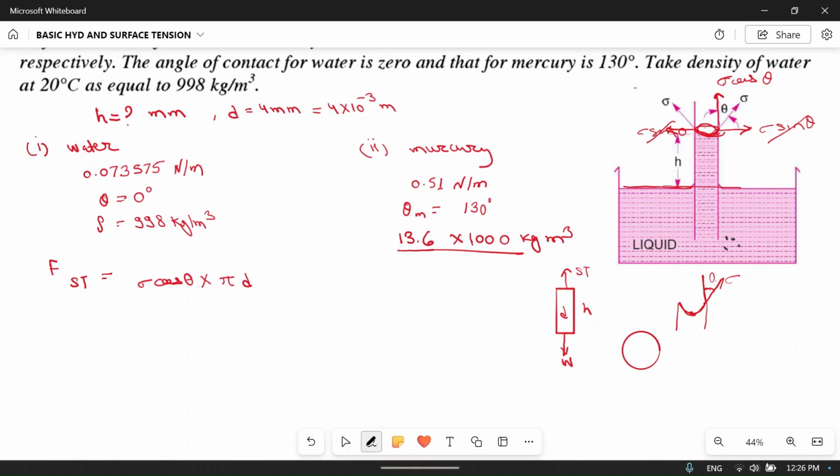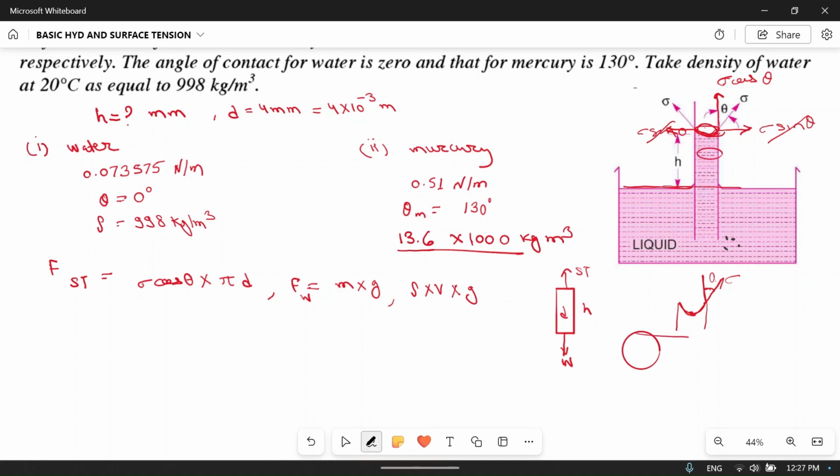And what is the force due to gravity? Weight. So what is the weight? Weight is equal to mass into acceleration due to gravity. So mass is density into volume, and this g will be here. So for the liquid column, this is a cylindrical column of diameter d.